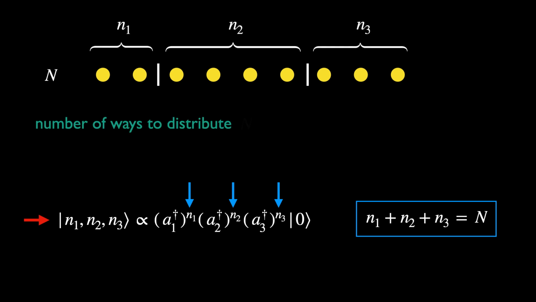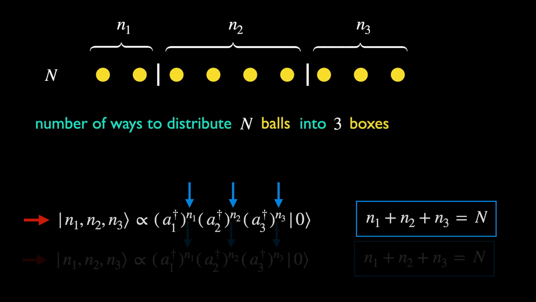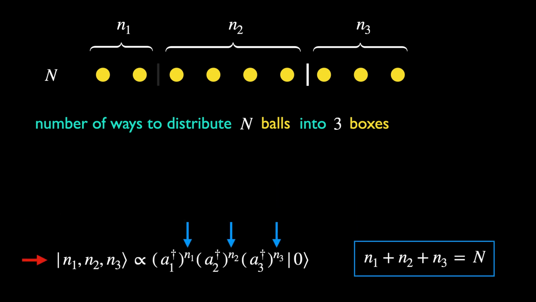The number of ways to distribute n balls into 3 boxes: the first partition can be inserted into n plus 1 positions, while the second partition can be inserted into n positions if we avoid the position of the first partition. We can take care of the cases where the two partitions are at the same position separately. We also need to multiply by half, since the ordering of the partitions doesn't matter.